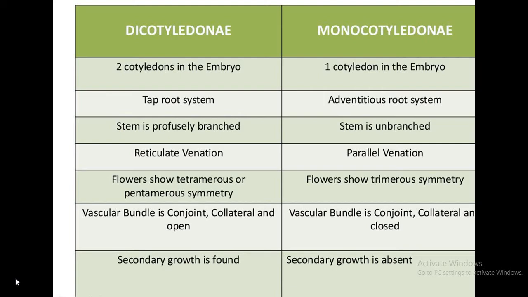First is, see, dicotyledon plants have two cotyledons in the embryo. Monocot has one cotyledon. Dicot has a tap root system. Do you remember we did the term tap root? I told you, a root that develops from the radicle. Adventitious roots develop from any other part of the plant except the radicle.